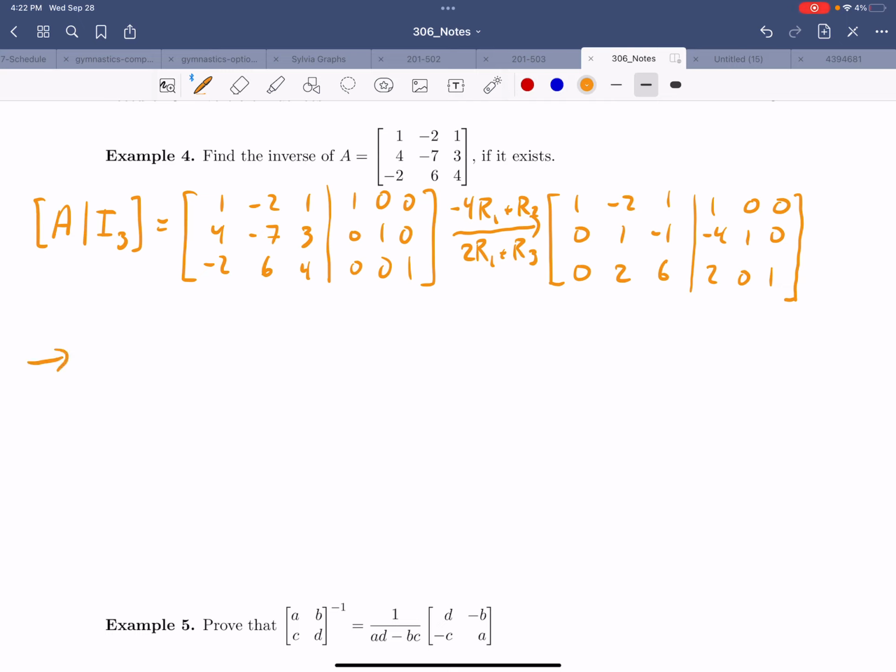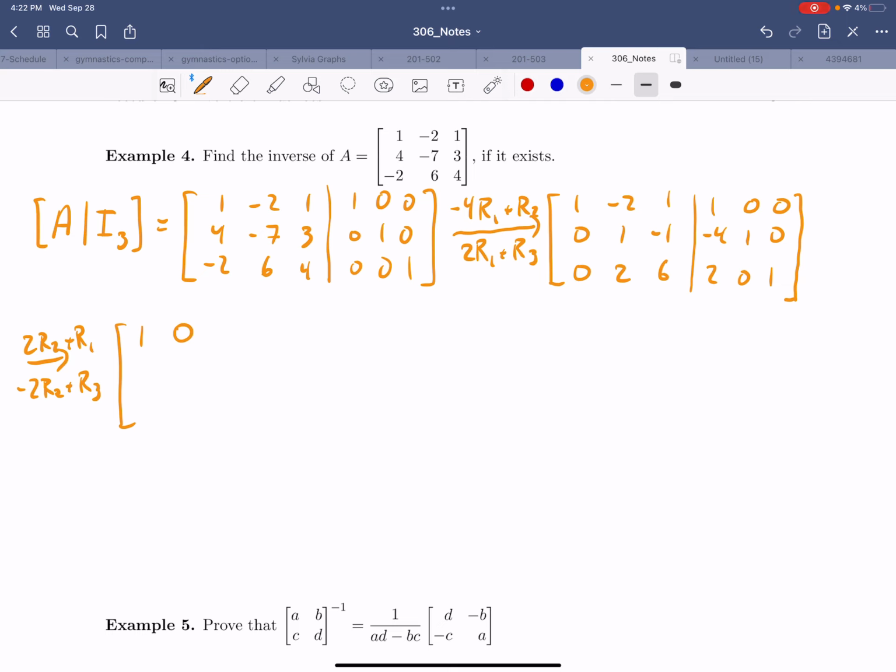Now, what would be a good idea? I think we should do 2 times row 2 plus r1. And maybe if we can squeeze it in, I think we're okay with this. Negative 2r2 plus r3. Right? So applying negative 2 times r2 to r1, right, we're going to get 1, 0.